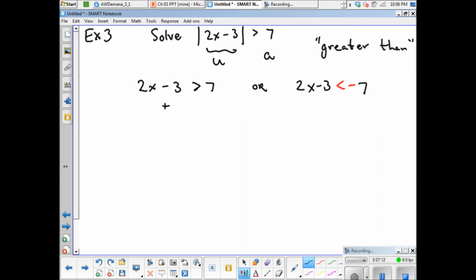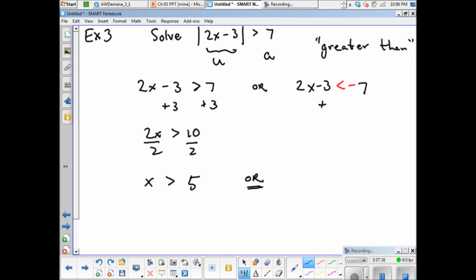Okay, so let's start in on that. Add the 3: 2x is greater than 10. Divide by 2, and we don't have to flip the sign around here because we're dividing by a positive. x is greater than 5. The word "or" is appropriate here.